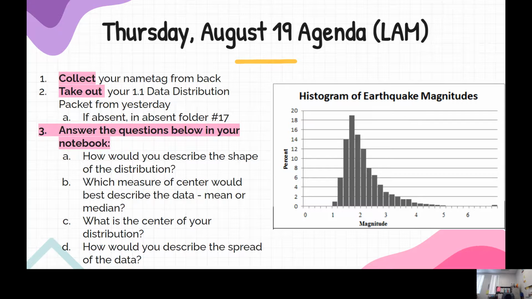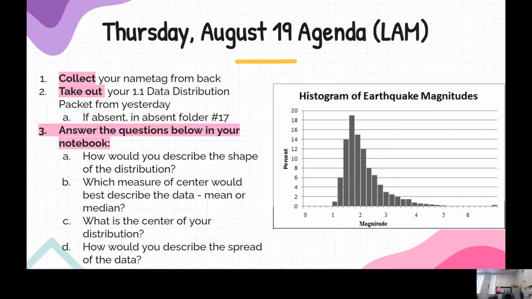Okay. What is the center of your distribution? So now go back to your picture here. The mode is the one that's all the way at the very top. It's the highest part of the peak. What number is your mode at the highest part of the peak? About 19 right up here. Okay, so when we go down, right about here, what do you say is about the center of your distribution?